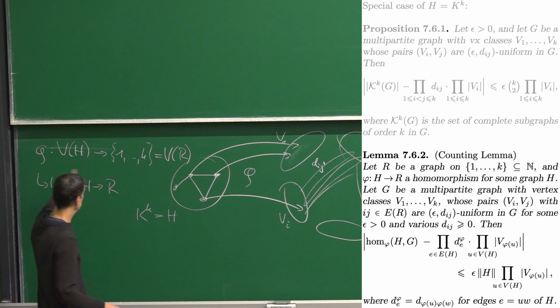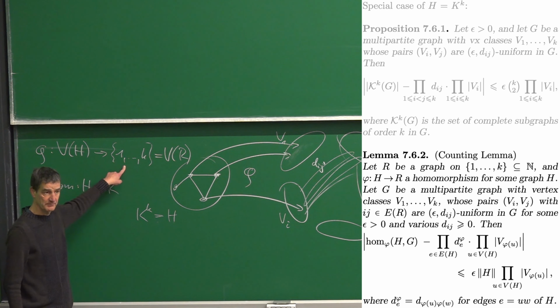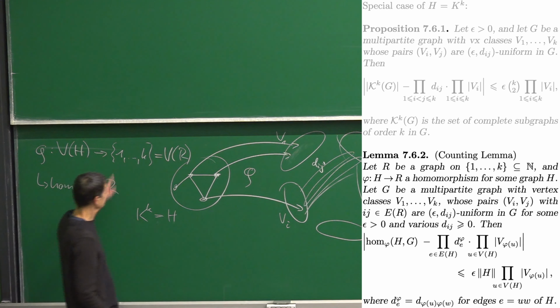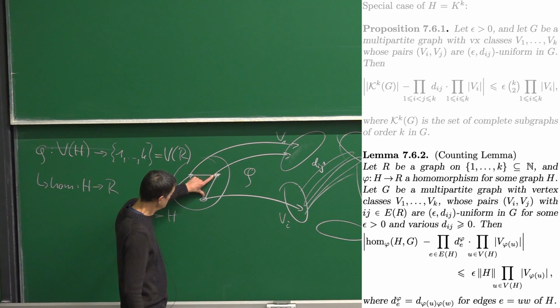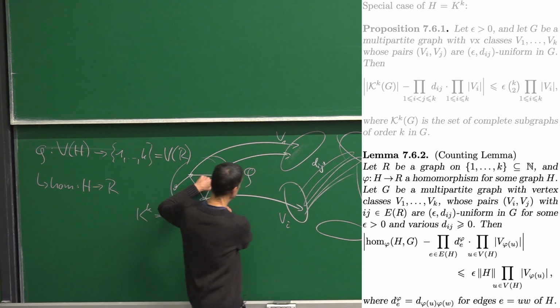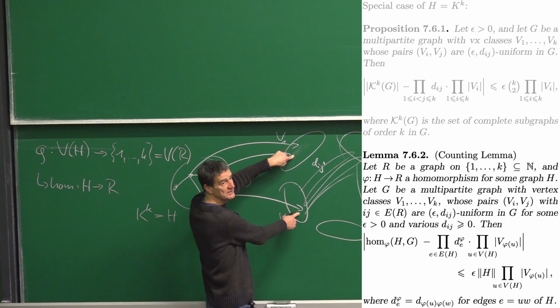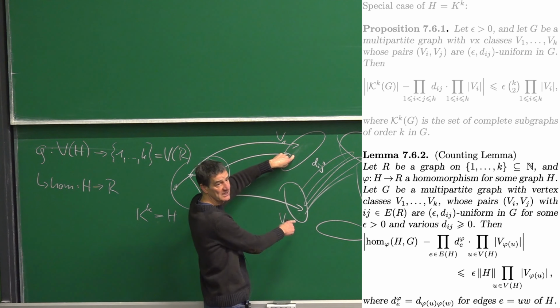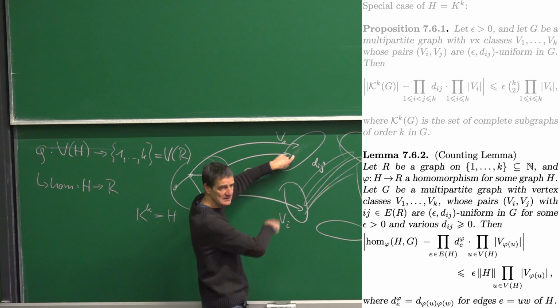So we don't choose any old partition classes. We choose partition classes so that a pair of adjacent vertices of H gets mapped to two partition classes that make an edge in R. I'm not telling you how the edges of R come about, whether they correspond to dense pairs or something; that can come later.